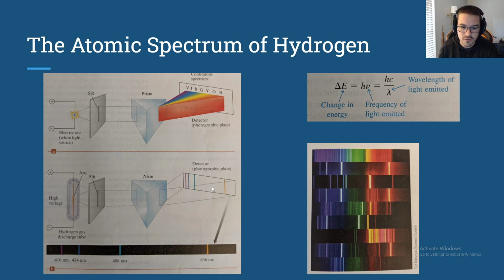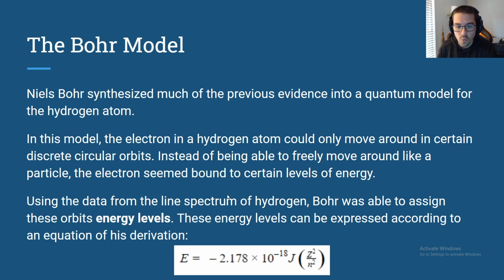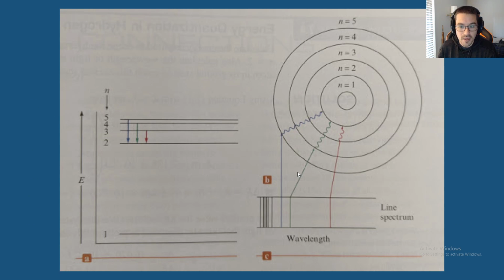This never changes. You could look at hydrogen right now, 100 years ago, or 200 years from now, and you're always going to see this exact same line spectra. What Niels Bohr thought that meant, and he was partially right, was that the electrons must exist in these specific orbitals. They can't just be wherever.